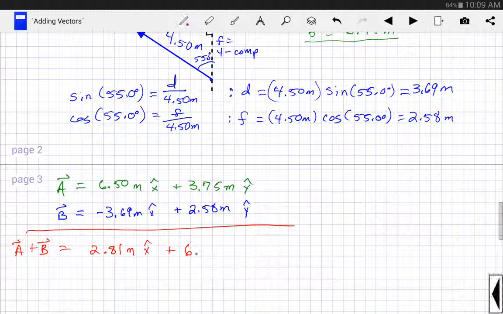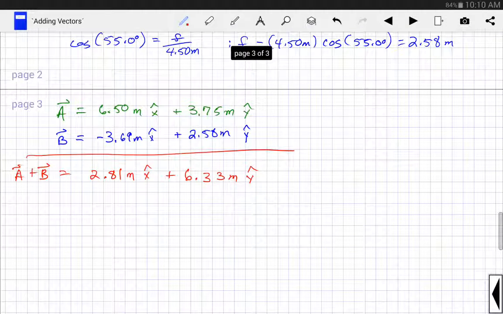Adding these together, 6.2, well, that's an 8. I wasn't careful. 6.33 meters y hat. Now that's a correct answer. It's written in components. What if I want to, as a final step, write that as a magnitude and an angle?